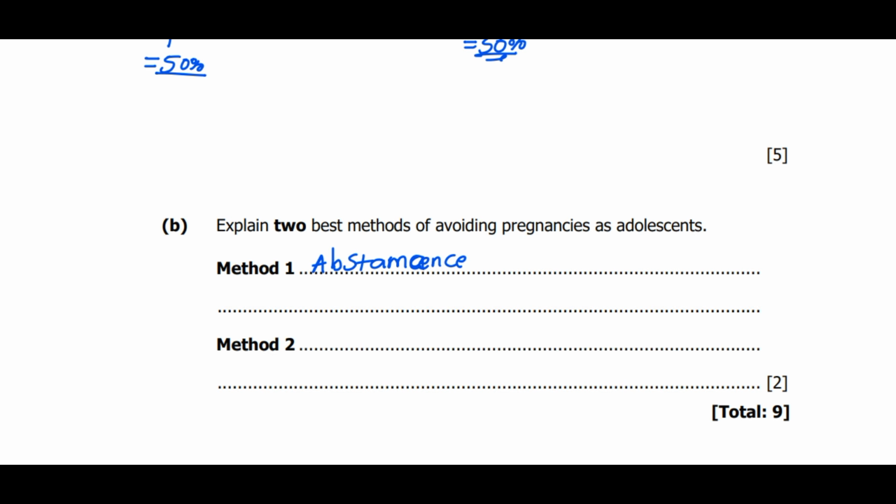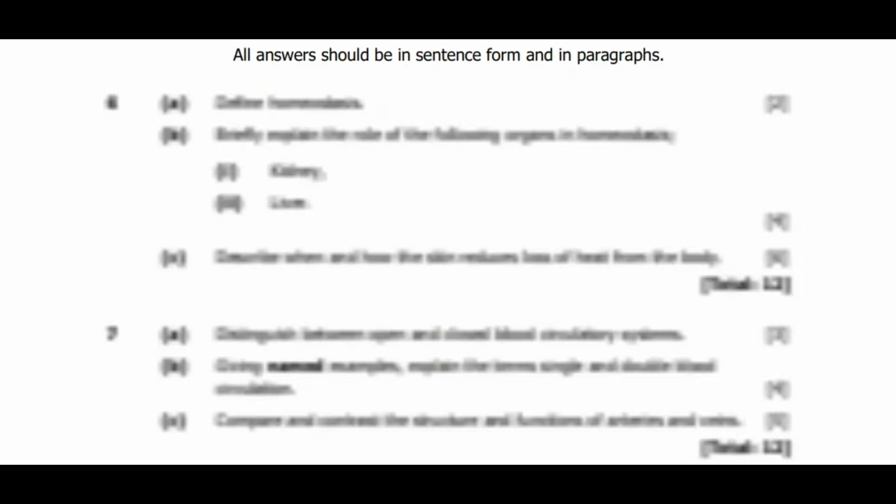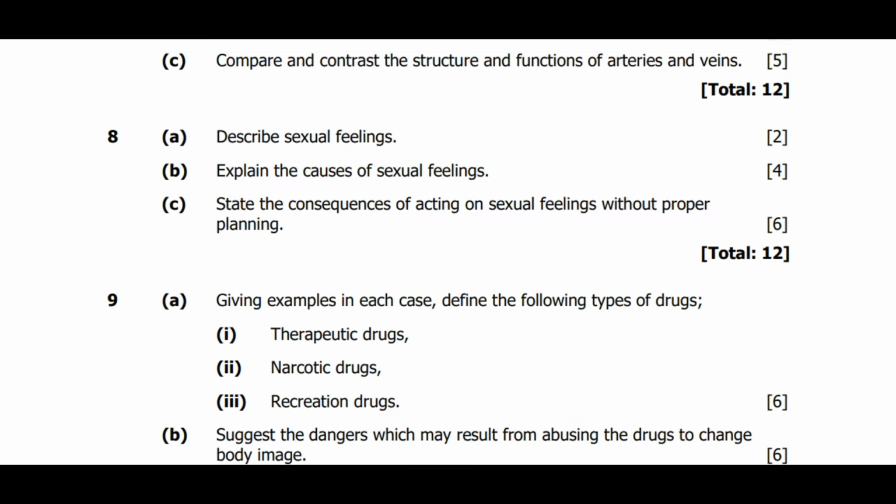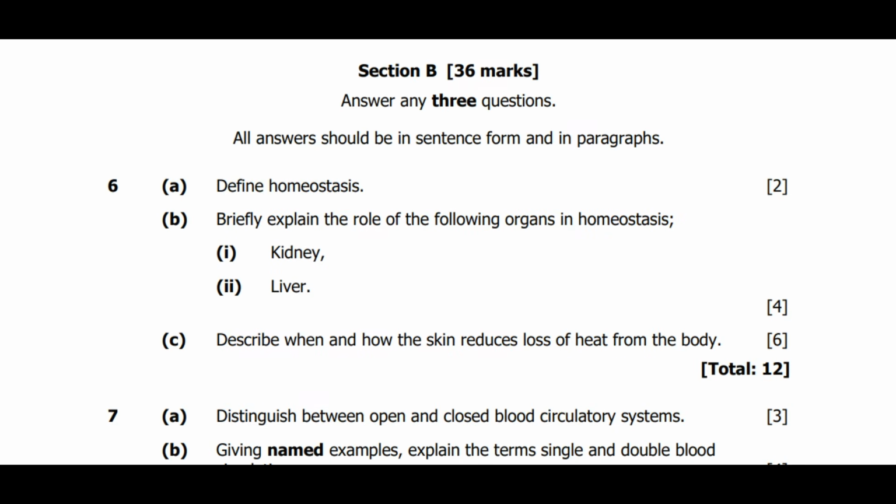They have nothing to worry about. Now the second one is condomizing. Condomizing comes second because this one will prevent not only pregnancies but also diseases. So that is what we can share for section A.